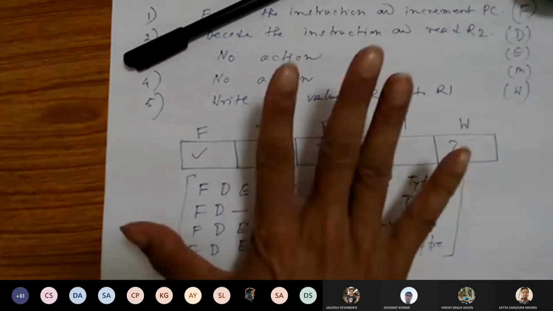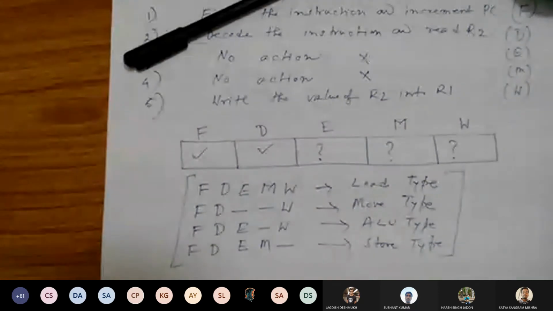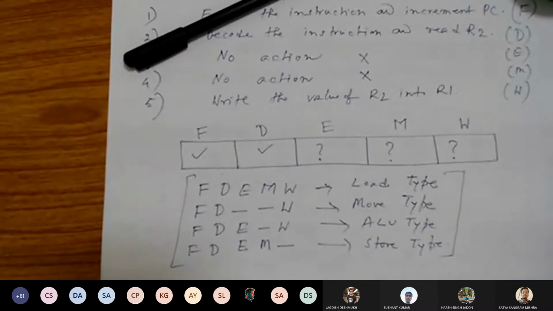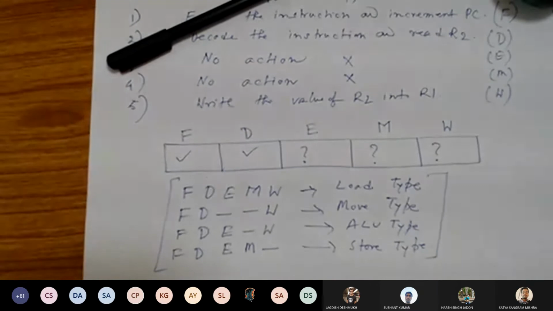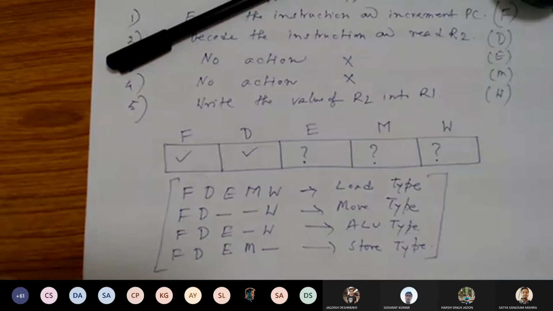Anyone? Any doubt up to this point? So in all these instructions, other than memory read write or arithmetic operation, what is the most common operation here?